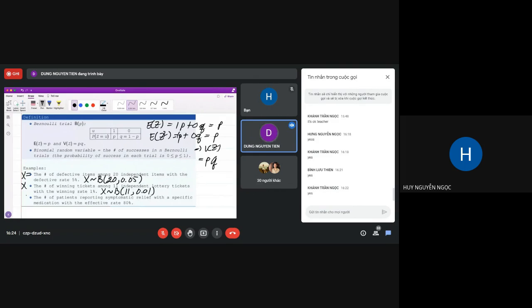For the last example, you get the number of patients reporting symptomatic relief with a specific medication with the effective rate 80%. Then X follows a binomial distribution with the two parameters: n is the number of patients, and p is the effective rate 80%, so you get 0.8. Are there any questions so far, everybody?